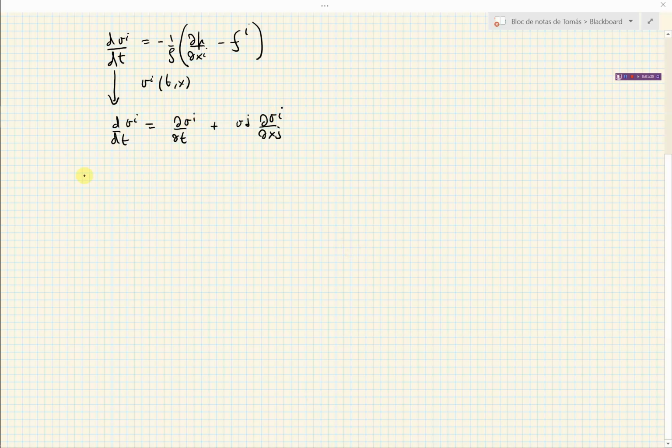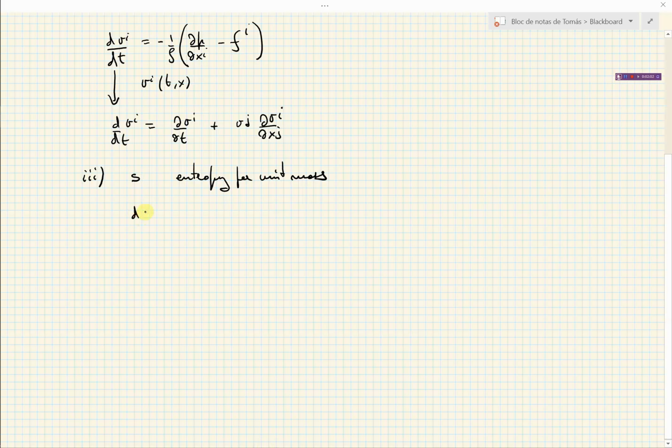A third equation that governs the behavior of a perfect fluid is an equation that expresses the absence of heat transfer between different fluid elements. So if we call s the specific entropy, so it's entropy per unit mass, then s must be constant along the flow.